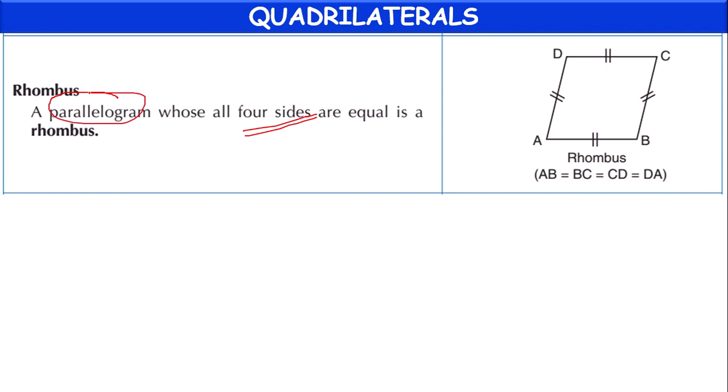Opposite sides are parallel, that is one condition. Along with that condition, if all sides are equal, then it will be called as a rhombus. So a parallelogram in which all four sides are equal is called as a rhombus. So AB equal to BC equal to CD equal to DA.